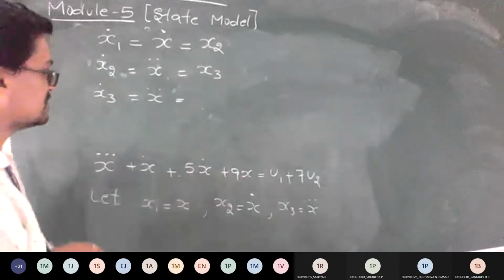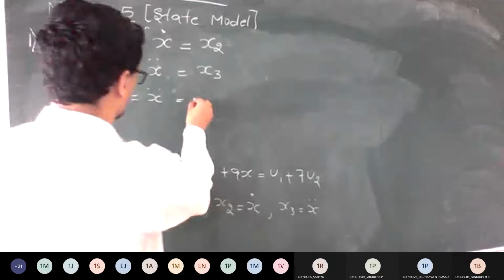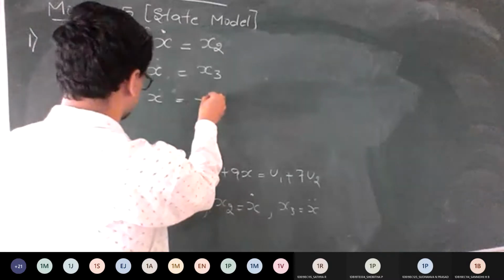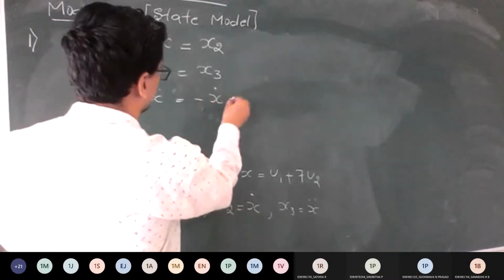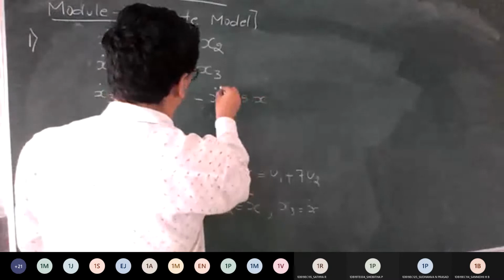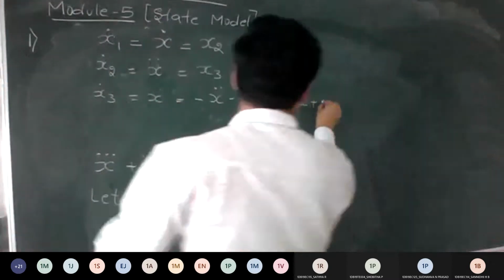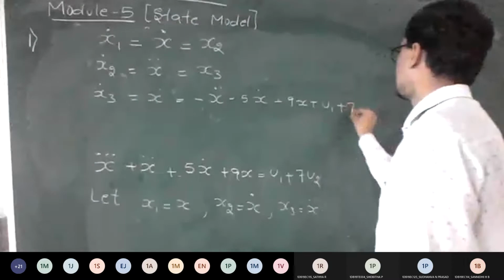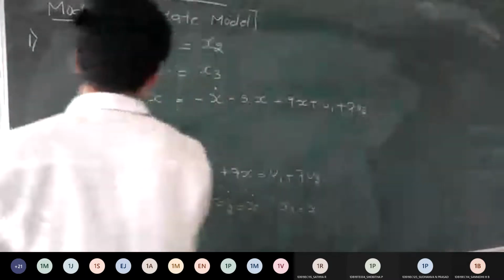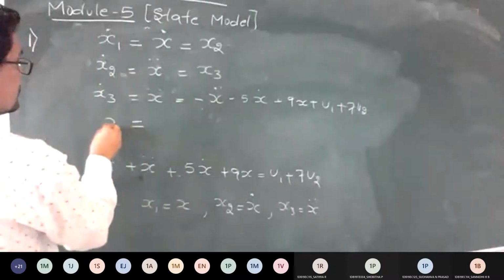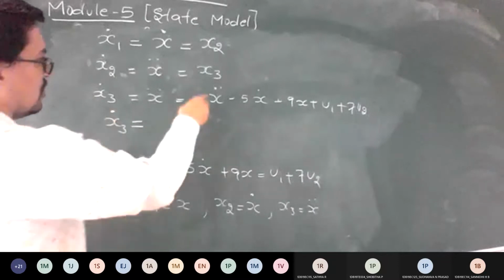So if you go to that side, let me write straight away. It's minus x double dot minus 5 x dot minus 9x plus u1 plus 7 u2. So what simplification can you do here? What is x3 dot equal to?